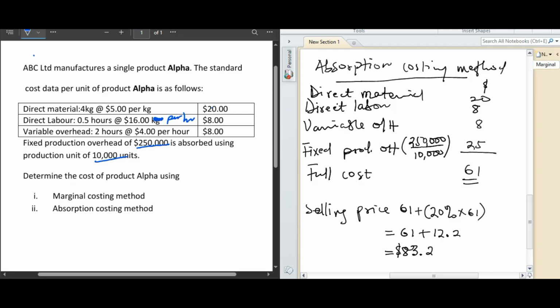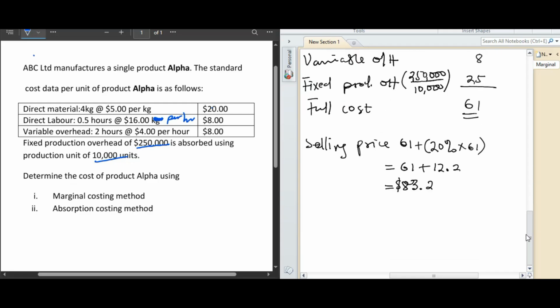So when we are using the marginal costing system, we don't consider the fixed production overhead, but when we are using the absorption costing system or the full costing system, we consider the fixed production overhead.